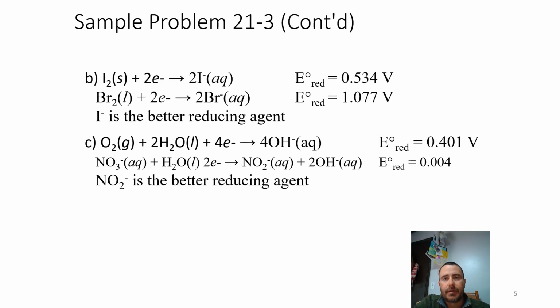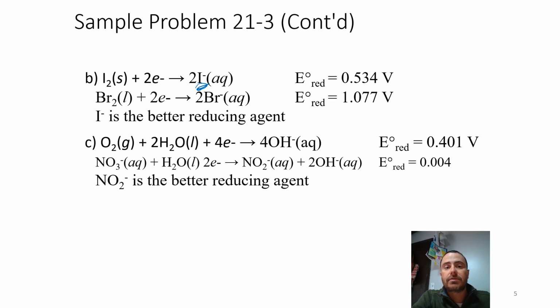Continuing on with sample problem 21-3, we're going to do the same thing as we did in part A for part B, but instead we're going to look up the iodide anion and the bromide anion. We're going to look those up when they are products, or on the right side of our table, because we're looking for them to be strong reducing agents, and those are on our product side.